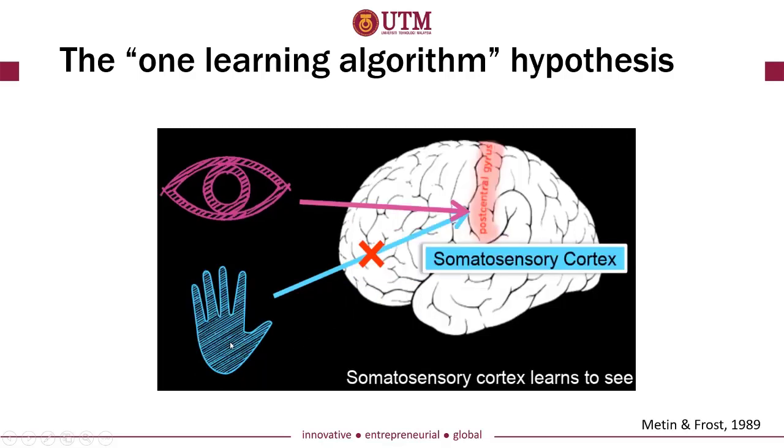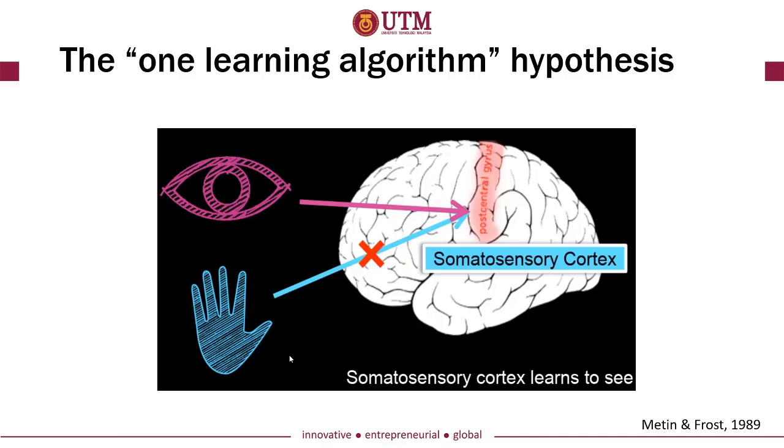The same goes for the somatosensory cortex, which is originally for learning information from your touch sensors, your hands. If you disconnect your hands from the somatosensory cortex and connect your eyes to it, then the somatosensory cortex is able to learn to see instead of recognizing touch signals.